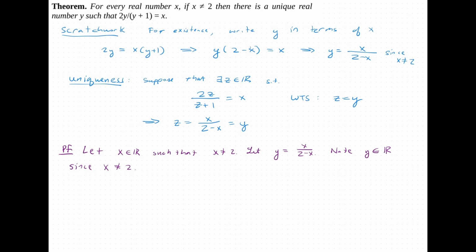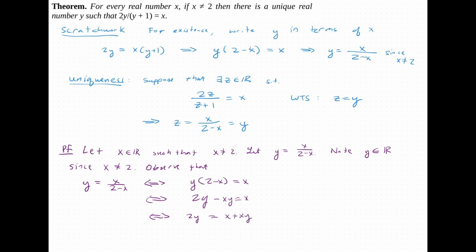Next, we go through and reverse the process. So observe that we can start with y is equal to x over 2 minus x. We can multiply both sides by 2 minus x. So now we have 2y. Expand out, we have 2y minus xy is equal to x. We can go ahead, bring the xy over to the other side, and we have x plus xy, which we can then factor out x, and we have 1 plus y.